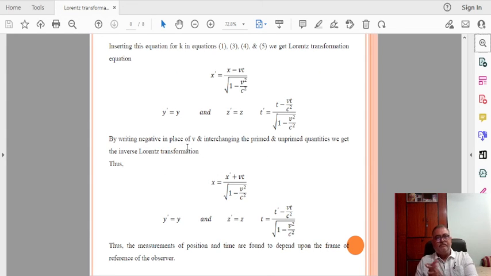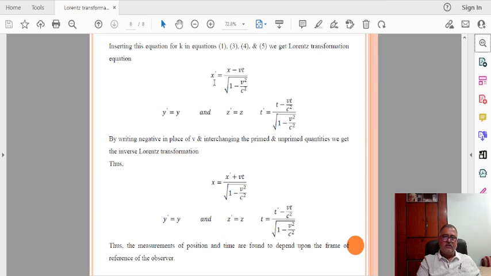Now friends, we will insert this value for k in equations 1, 3, 4 and 5, by which we will get the Lorentz transformation equations for which we are working.